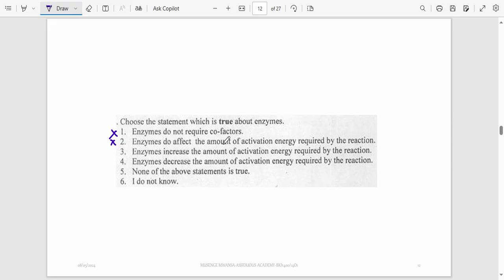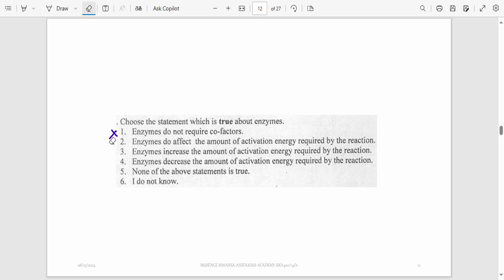Enzymes do not affect the amount of activation energy. They do affect. I just explained that if you have got a reaction like this, enzymes do. Okay, all right, thank you. So enzymes do affect the amount of activation energy.